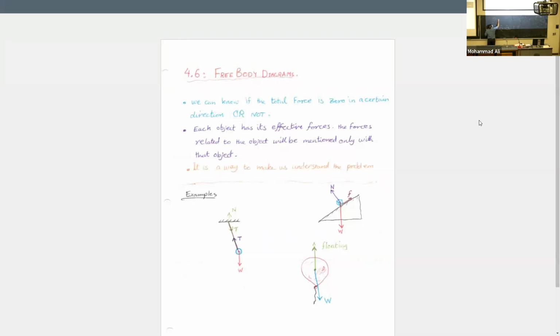So the acceleration, in general, I can find by knowing the total force. The force is 30 newtons. So F is equal to M multiplied by the acceleration, where the mass is the total mass, because the force is acting on all the masses.